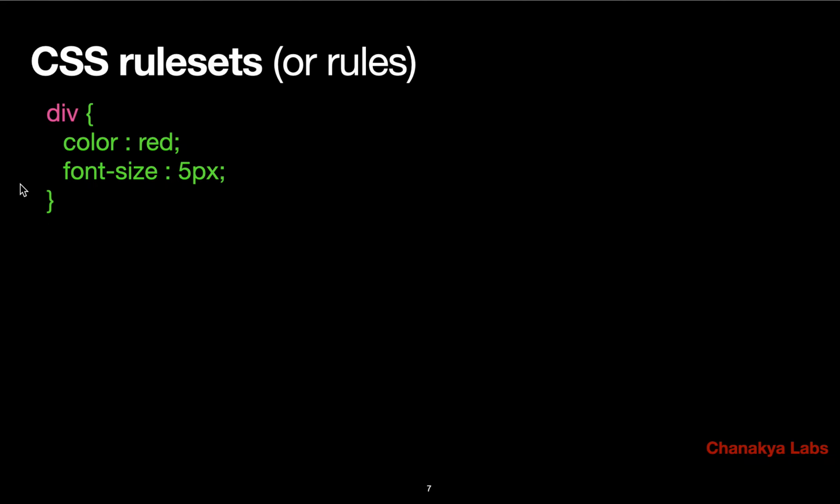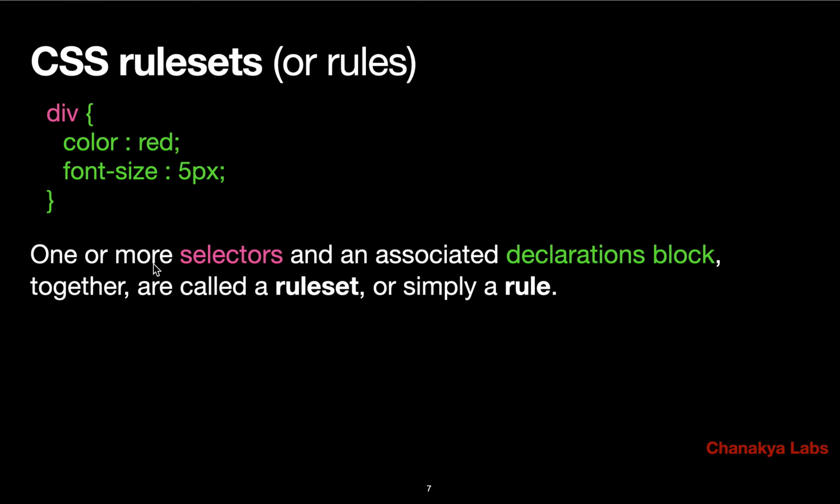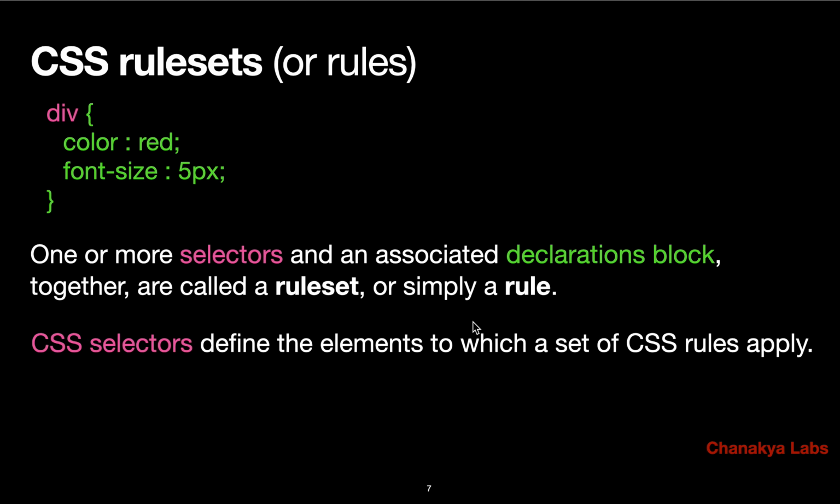This whole thing with curly braces and the selector, everything, is called a rule, or a rule set. One or more selectors and the associated declaration block, the whole thing together, is called a rule set or rule. Now, CSS selectors define the elements to which a set of CSS rules apply.